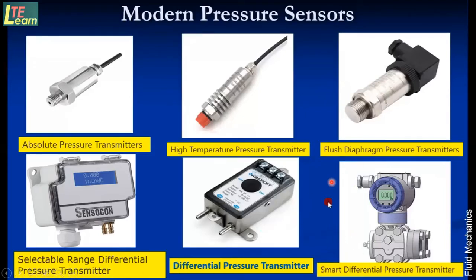These are especially used in industries for the measurement of pressure, and these are expensive. Also these are used in research laboratories where the utmost accuracy is required in the measurement of pressure.